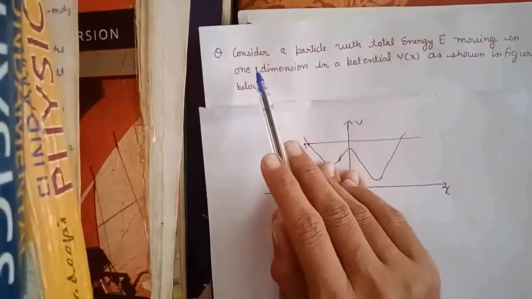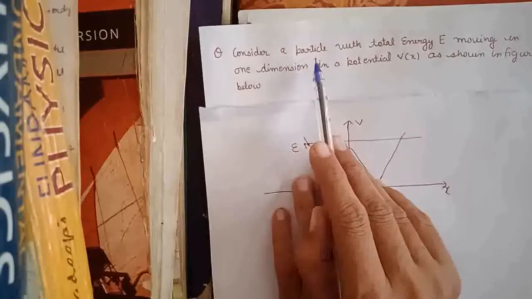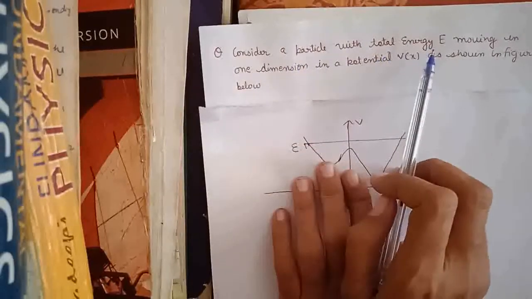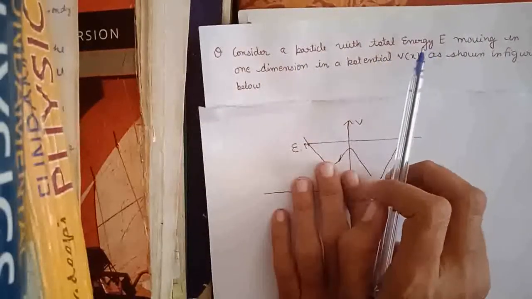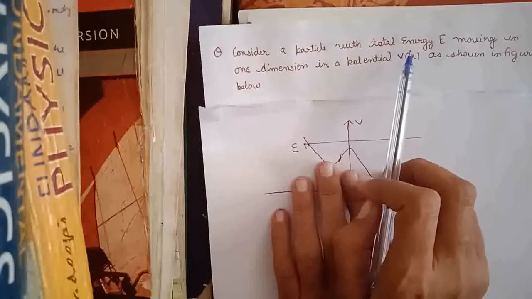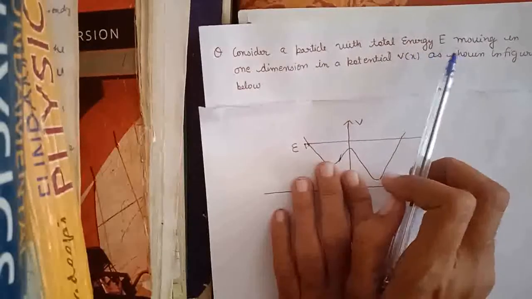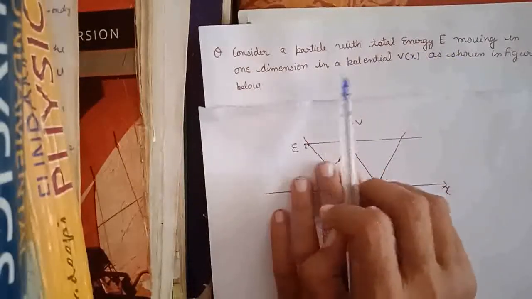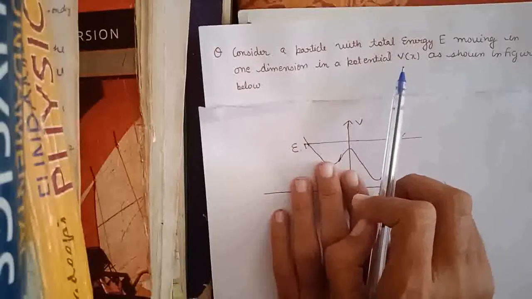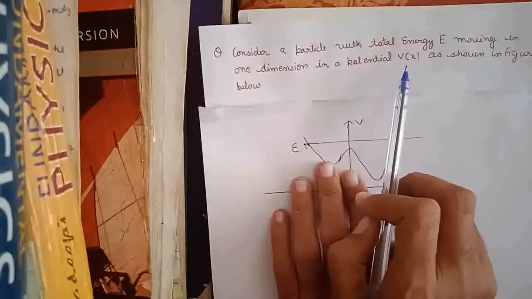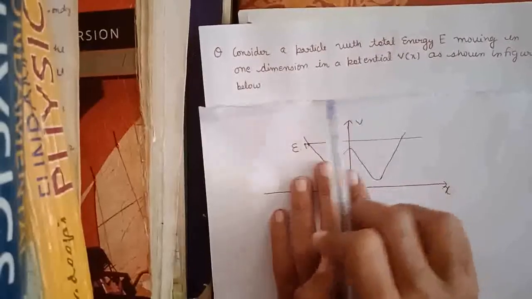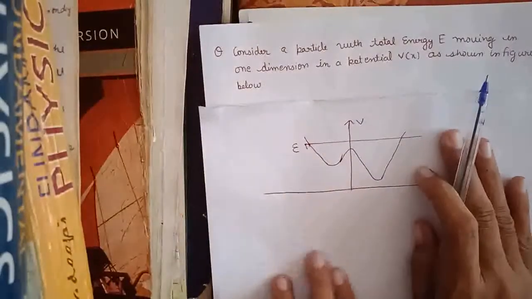In this they are saying: consider a particle with total energy E, moving in one dimension in a potential V(x), as shown in the figure below.